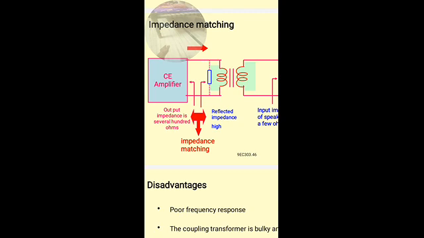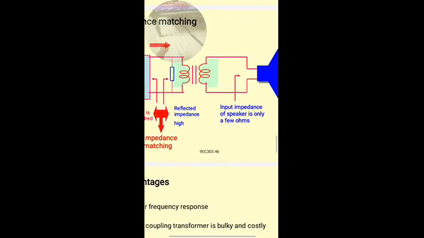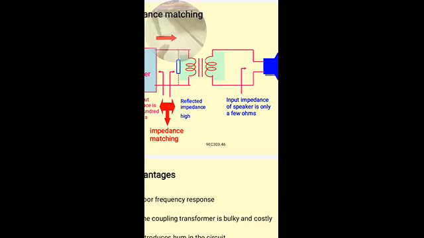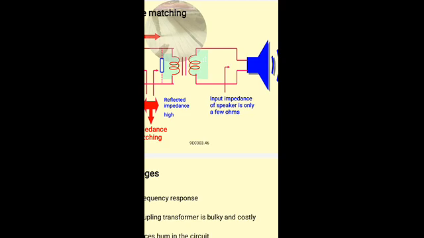The output impedance of the amplifier here is of the order of a few kilo ohms, but the reflected impedance is very high, that is made equal to the load by simply adjusting the turns ratio.